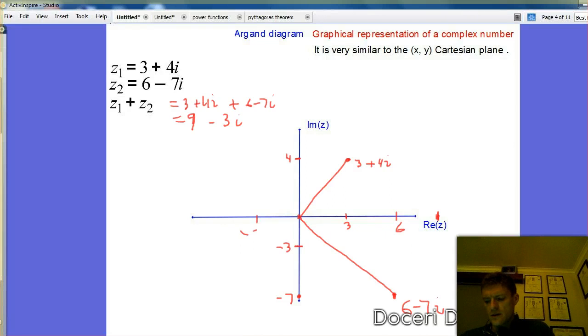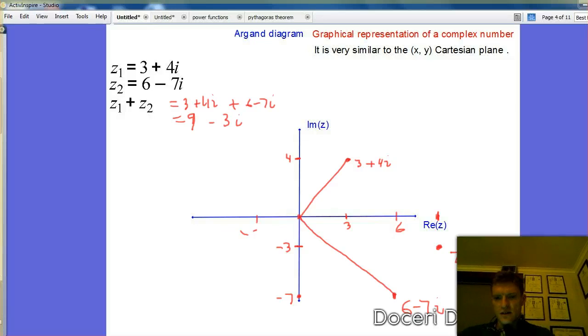So we can see we have a point as far as over here as being our z1 plus z2 number. So that's one way of plotting that in an Argand diagram. You can work out the number, do the addition, and then plot the real part, imaginary part on your Argand diagram. Alternatively, could we approach that in another way, thinking about the vector sum of z1 and z2 as we see it?